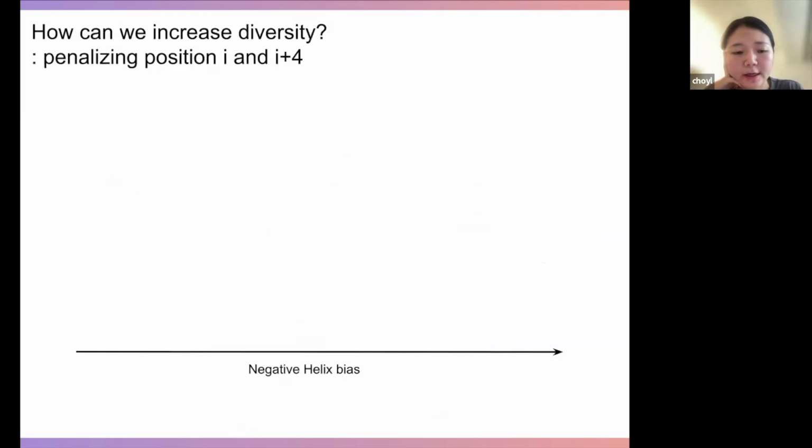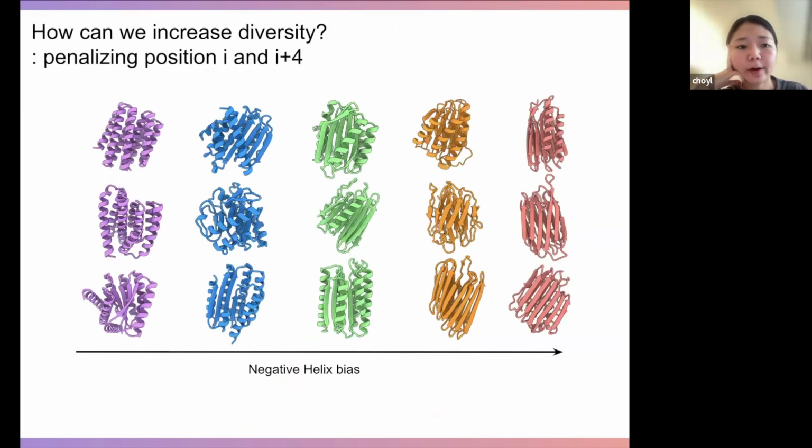So for example, as I mentioned before, most helical bundles have the highest contact signal at positions i and i+4, because you're making helical bundles and position i makes contact with position i+4 by forming these helices. So we purposely penalize the position i+4 by randomly flipping the value of the hidden representation of the Pairformer at the end of these recycling steps.